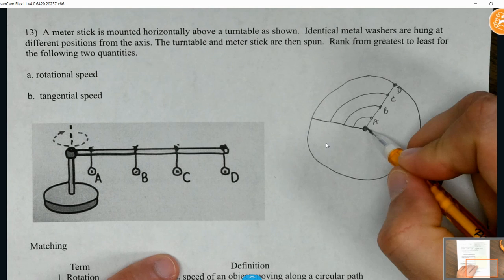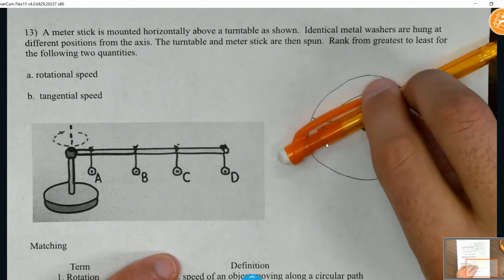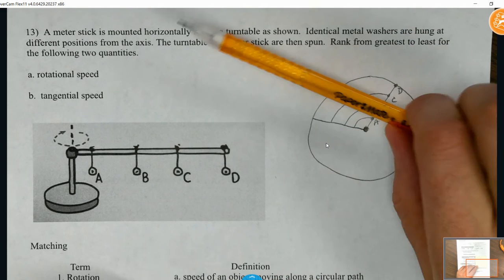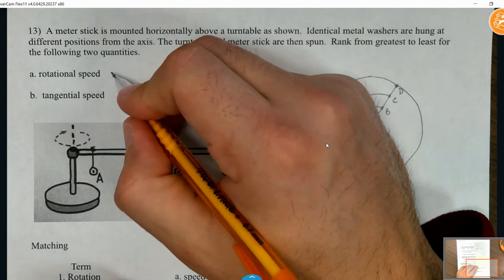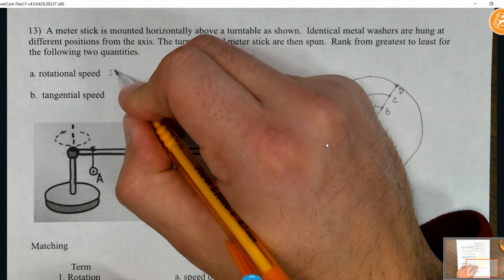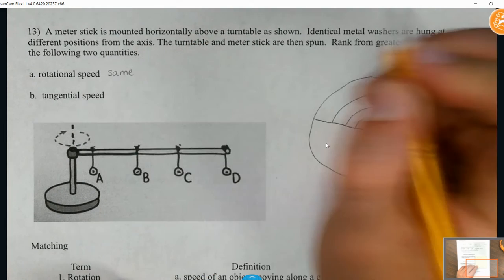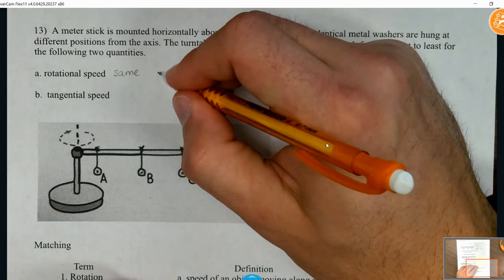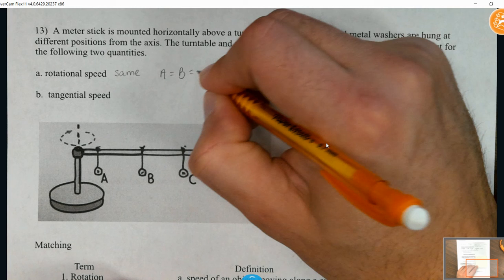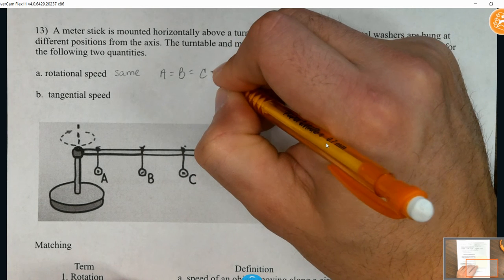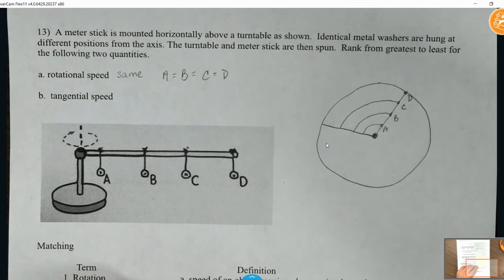If this thing is spinning uniformly, which is what we are assuming unless told otherwise, rotational speed is going to be the same. We could write it out like this: A is going to equal B, which equals C, which equals D.